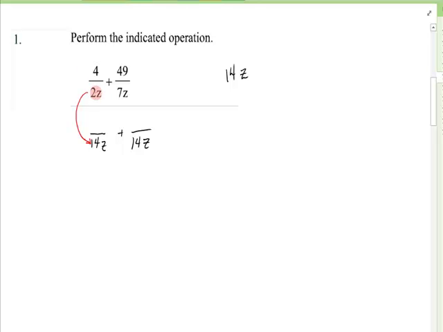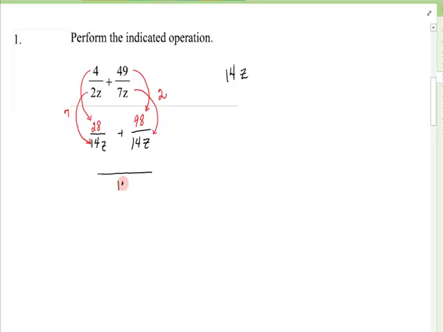What would you have to multiply 2z by to turn it into 14z? And the answer is 7. So do the same thing to the top. 4 times 7 is 28. Now compare. What would you have to multiply 7z by to get 14z? The answer is 2. So multiply the top by 2. 2 times 49 is 98.